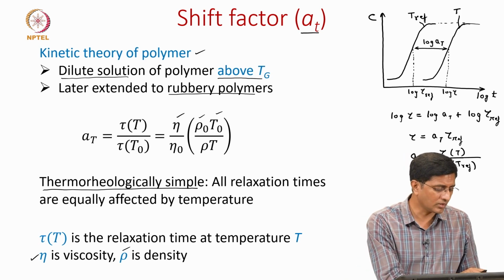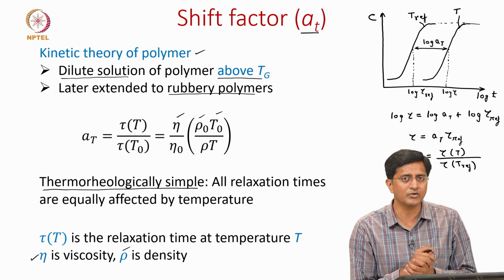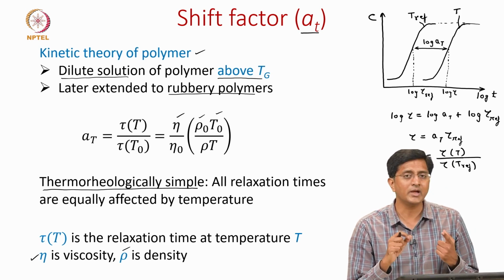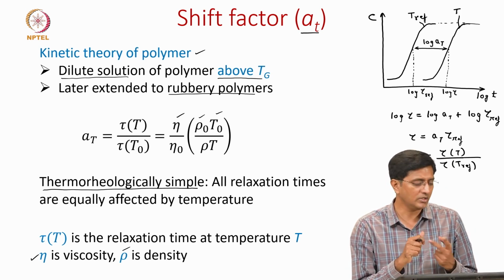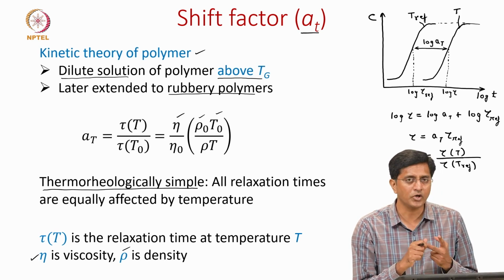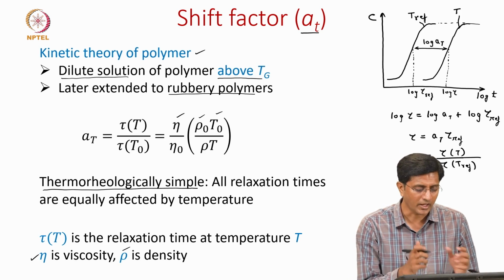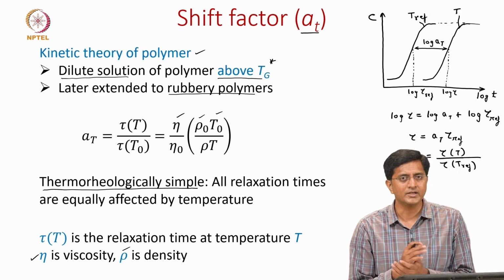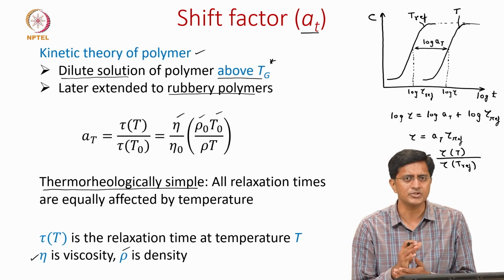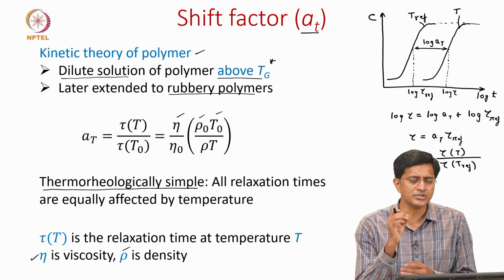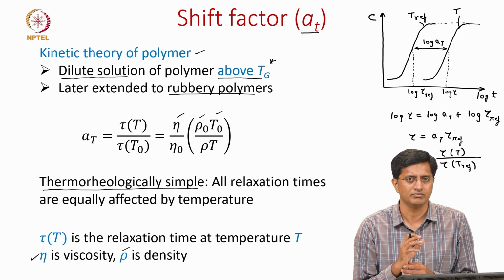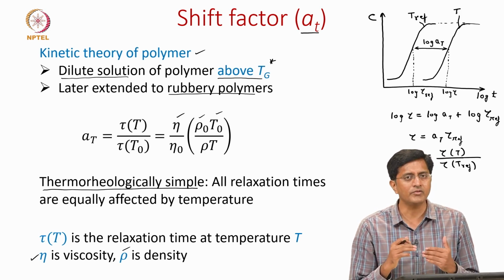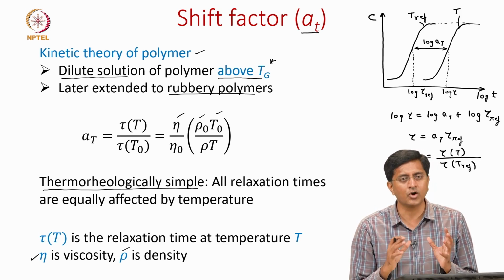Okay, this is what is given by the kinetic theory of polymers, but again I have to repeat that both the time temperature superposition principle and the kinetic theory of polymers on which it is based are strictly valid above Tg. But in practicality, people found that the time temperature superposition can also be used slightly below the Tg, and how far away from the Tg, it is not clear.